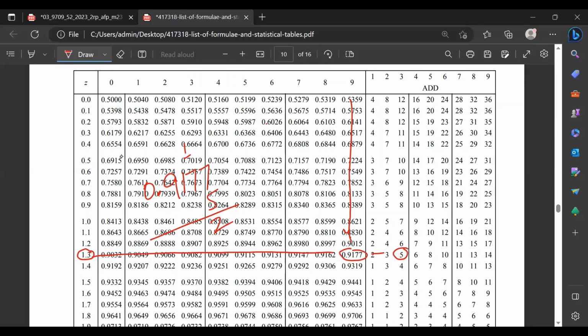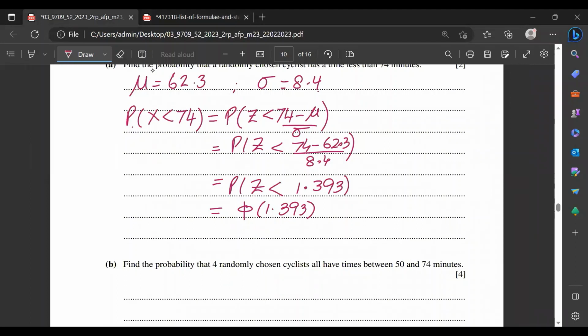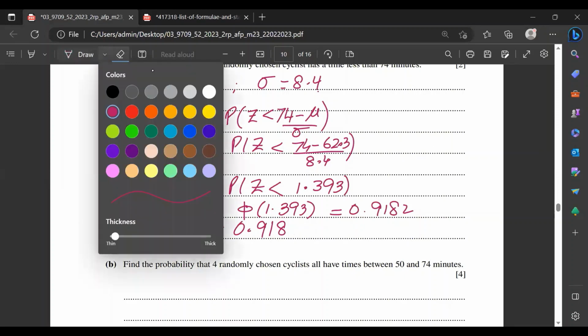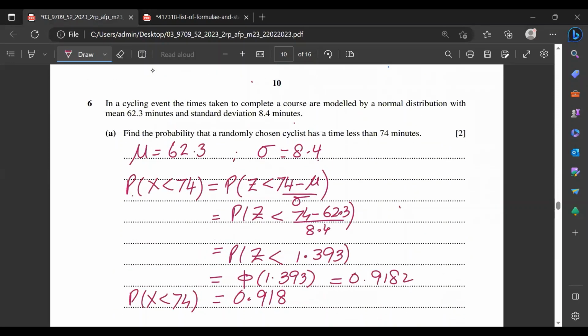So 5 plus 7 is 12, then 8, then 1, then 9, 0.9182. For the final answer, we write to 3 significant figures. So probability of x less than 74 is 0.918. The answer, 6 part A.